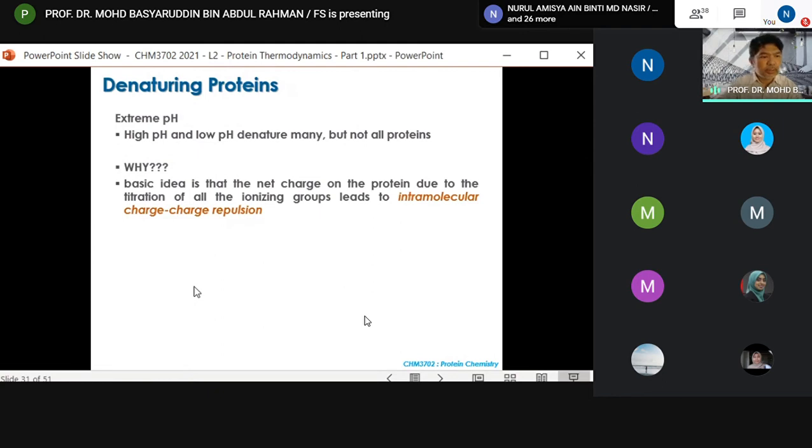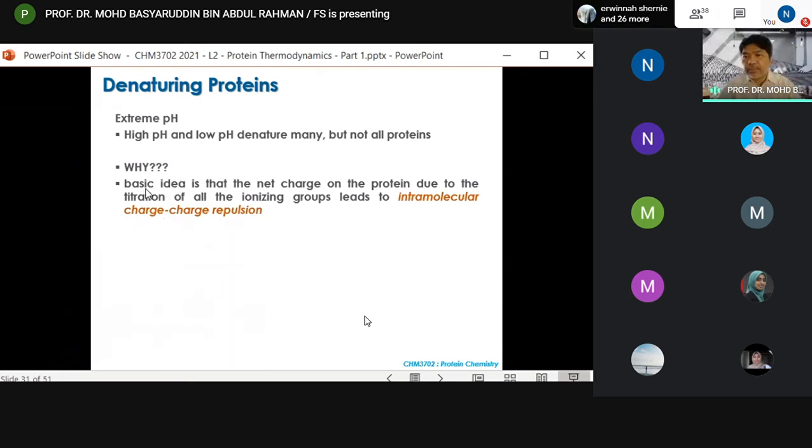So we're going to discuss a bit on denaturing proteins, particularly at extreme pH, high and low pH denature, but not all proteins, because it depends on the amino acids and also the interactions, how well they are preserved, and of course it depends on their physiological condition.